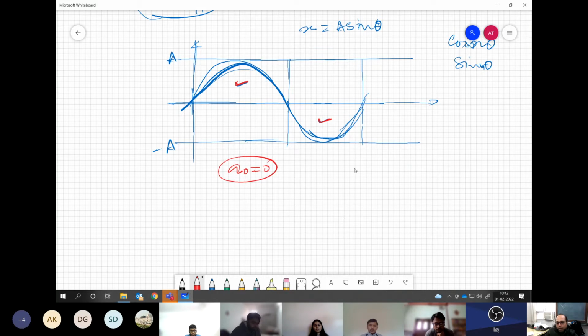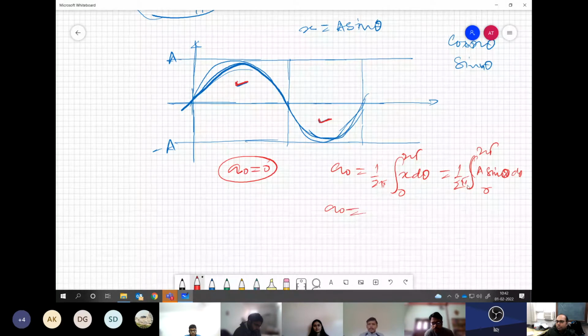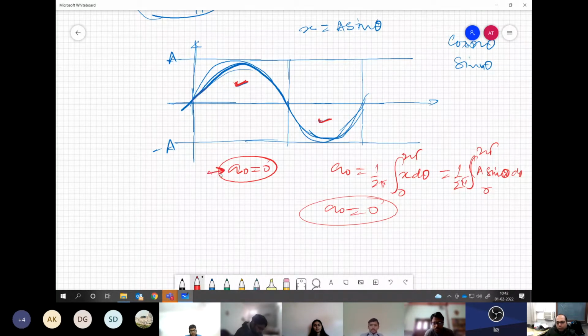If you take this average, x d theta from 0 to 2 pi, it becomes the integration of a sine theta d theta from 0 to 2 pi, which will be minus cos theta, and the average value will be 0. You understand the point? So by keeping equal values on both halves, we are ensuring that there is no DC component.